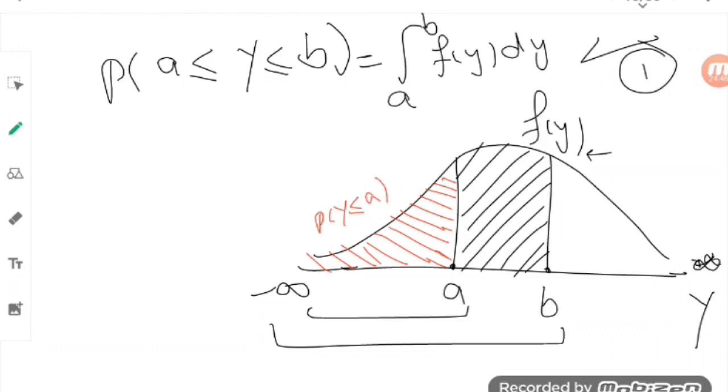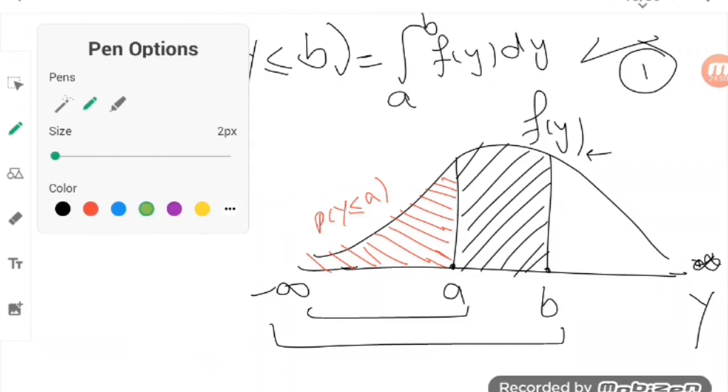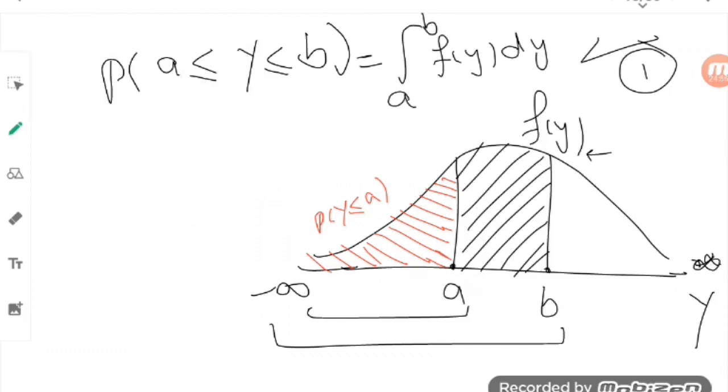And if we represent also this area, it is the probability that y is less than or equal to b.